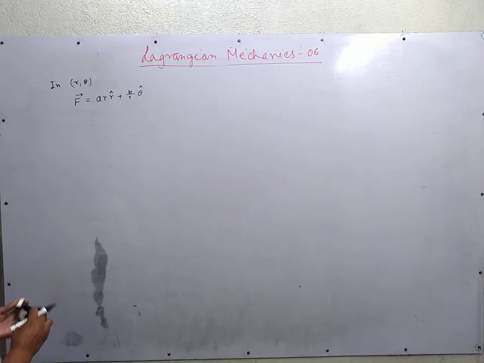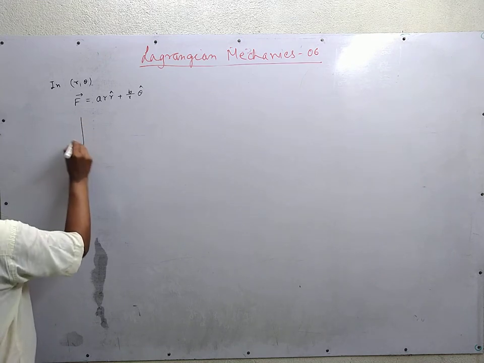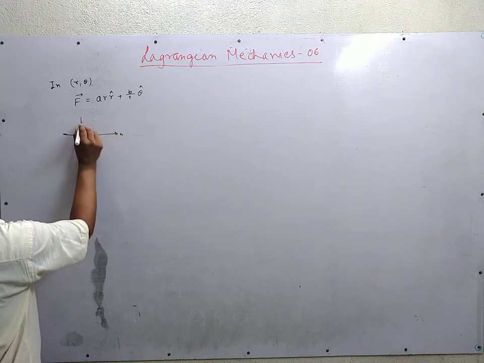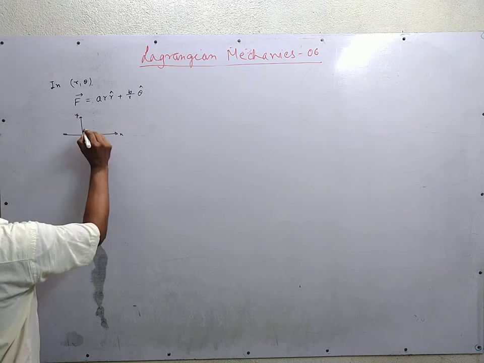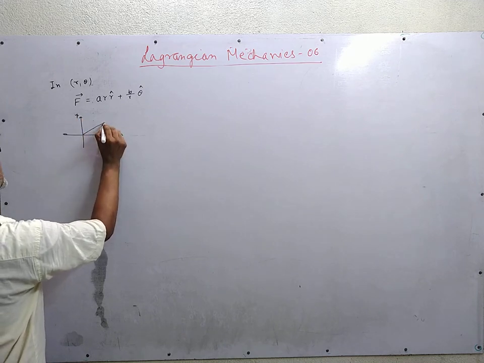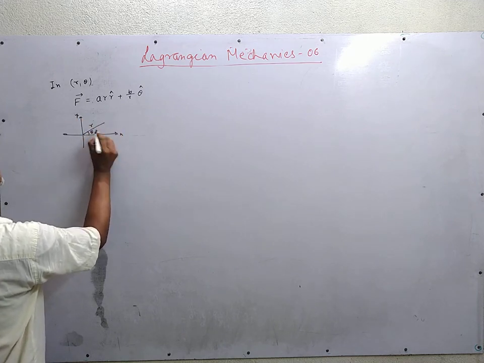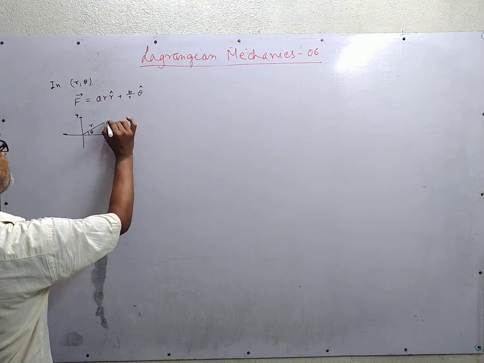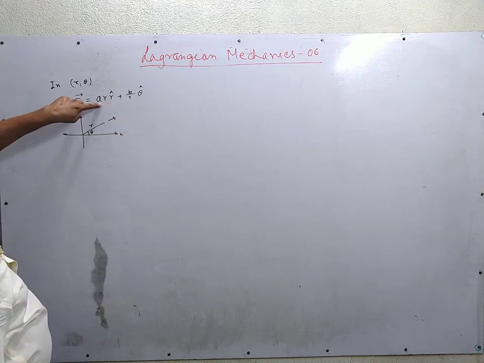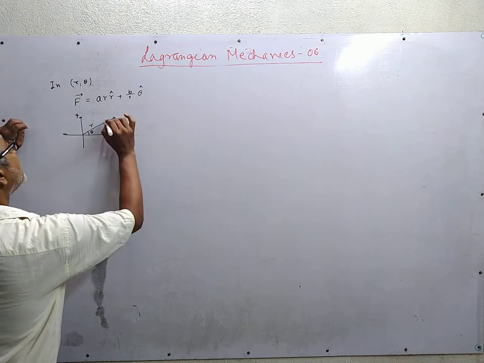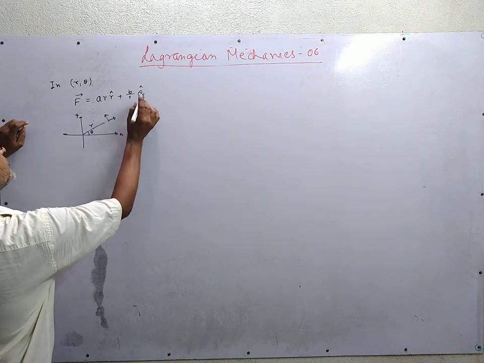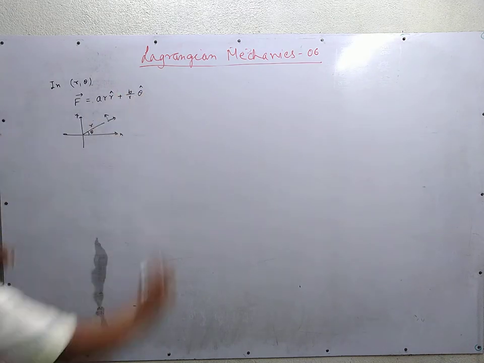So the particle is acted upon by two forces. If this is the x-axis, this is the y-axis, then when the particle is over here, this is r, this is theta. There are two parts. One is the radial part of the force, which is this, and another one is the cross-radial part of the force, which is given by this.